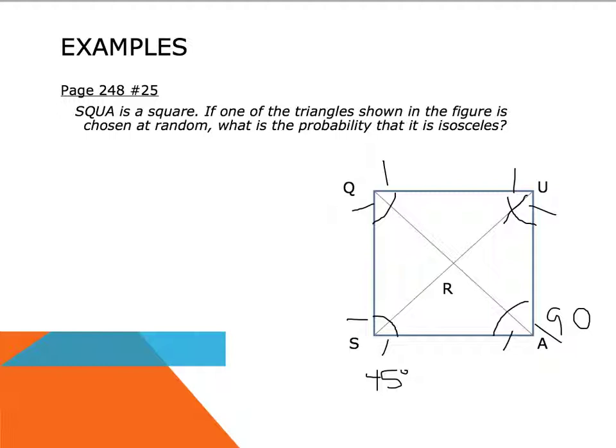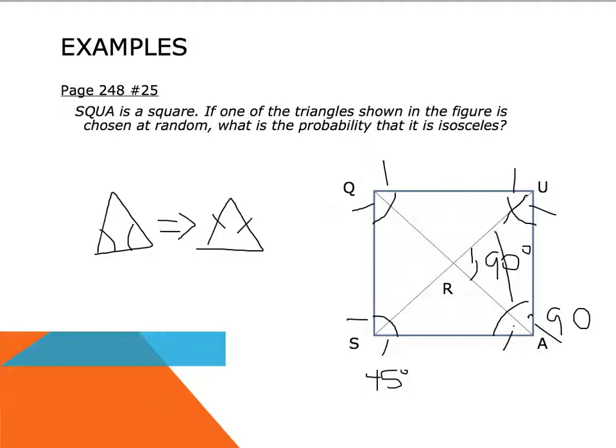And so if you have 45, 45, then this has to be 90 according to the properties of a square. So if two angles are congruent, then their opposite sides are congruent.